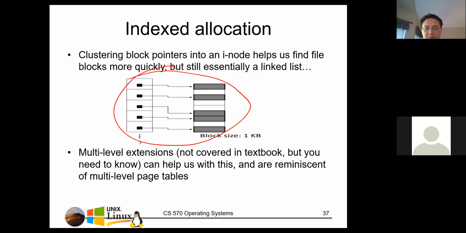But with multi-level indexing, you do not have to pre-allocate 64 megabytes for each file inode. You could start with a small inode.